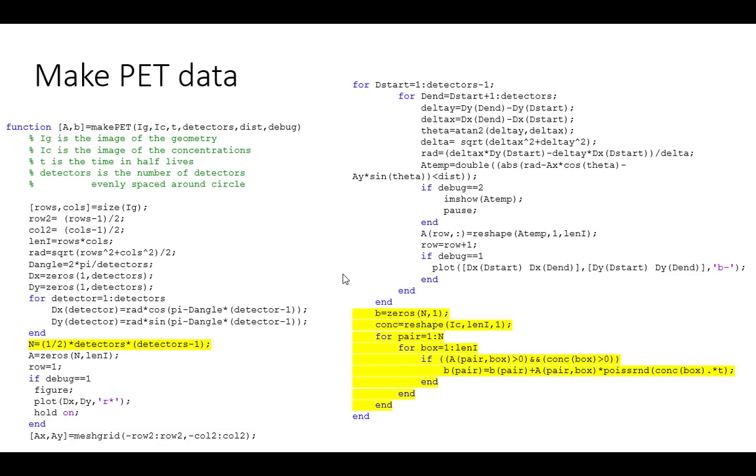That's the Poisson concentration times, and then I've got my A for that pair box. Now, if you knew your particular A was always going to be a 0 or a 1, I wouldn't have to multiply it by this, because I explicitly checked to make sure that that's not 0. If it's always 0 or 1, I would have no need.